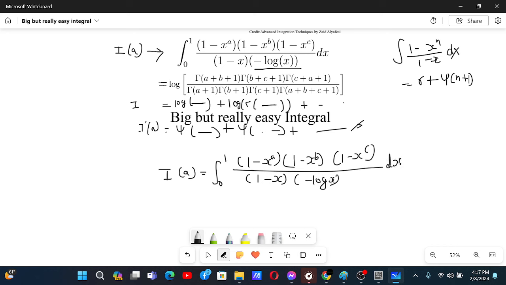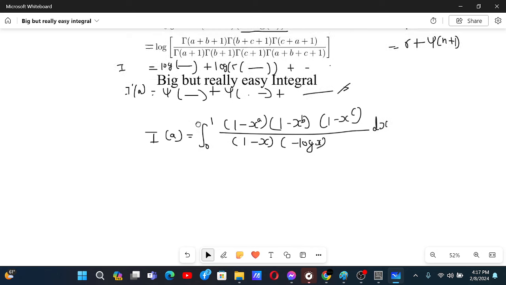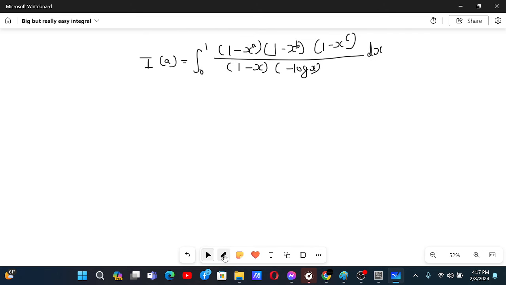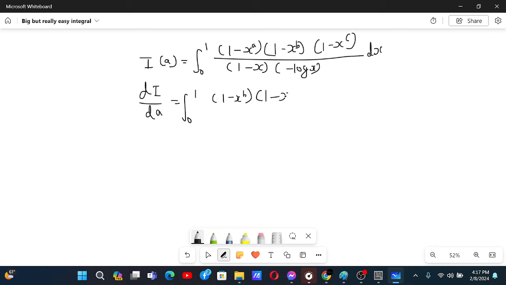dx. Now if we differentiate I with respect to a, when it goes inside the integral, it will be a partial derivative with respect to a, so all the other terms, x, b and c, will be constant. That's why let us write the constants as they are first, because they won't be differentiated.